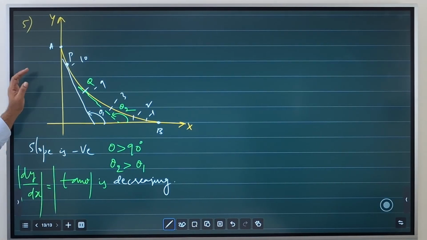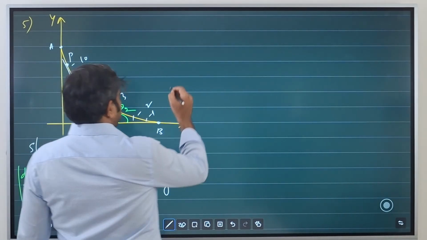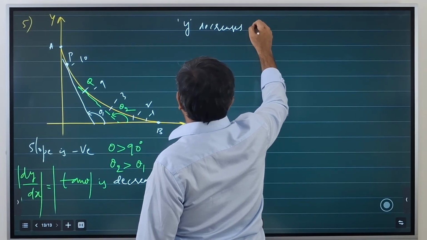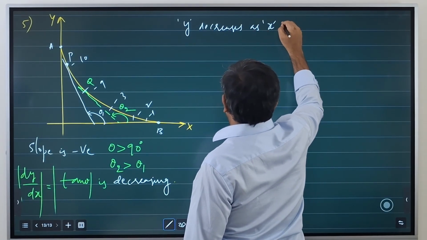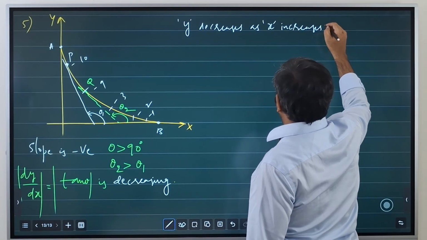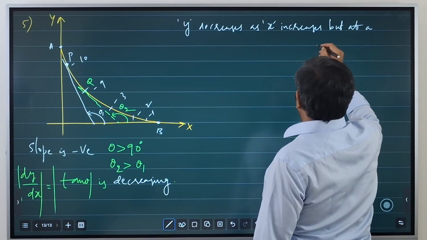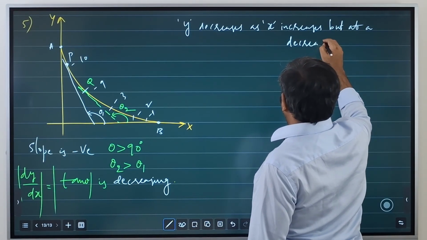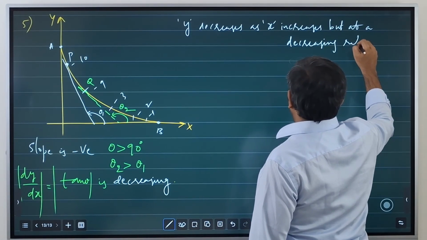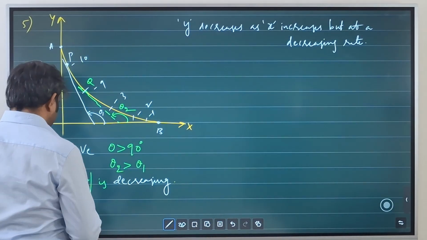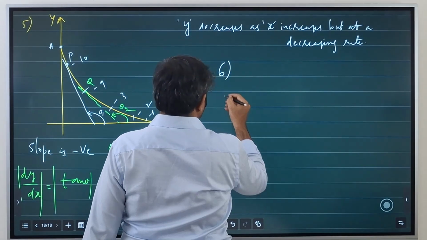It means y decreases as x increases, but at a decreasing rate. Okay. Similarly, I can give you one more example here.